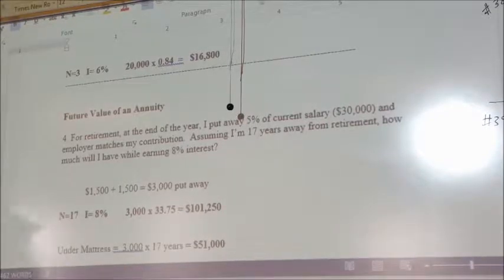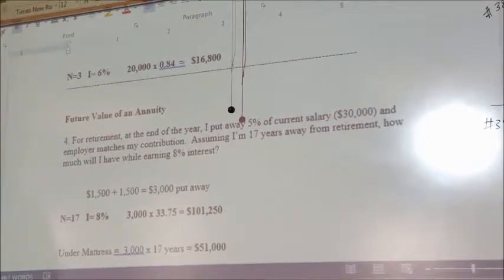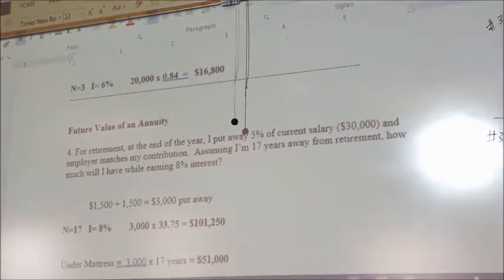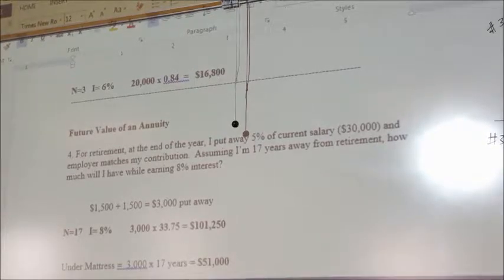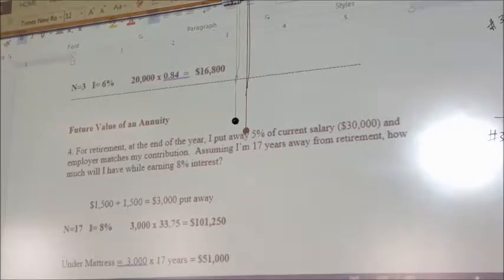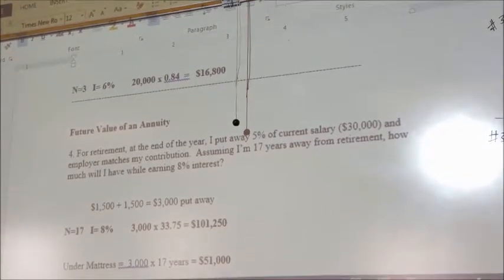But it's much better than not putting money away and not earning anything, and just putting it into a zero interest checking account. Why, and I wasn't here last week, but why is it 8%? Oh, I'm earning 8% interest, I didn't see that, I'm sorry.